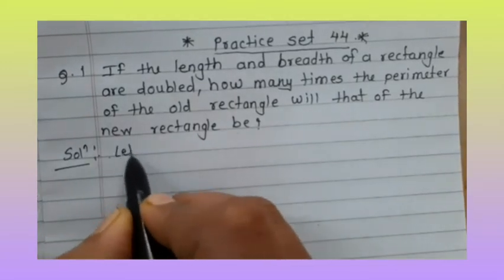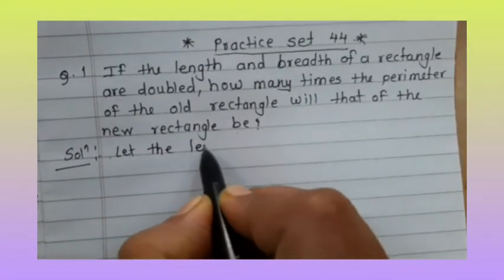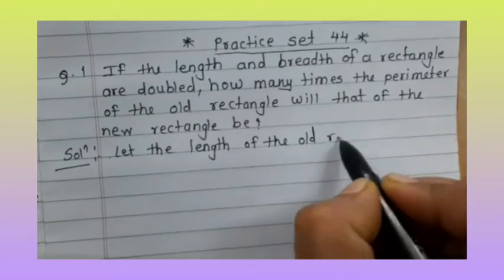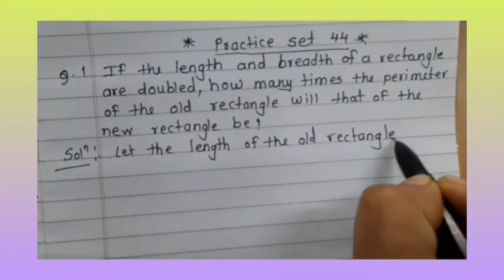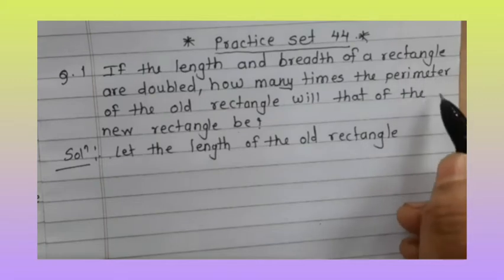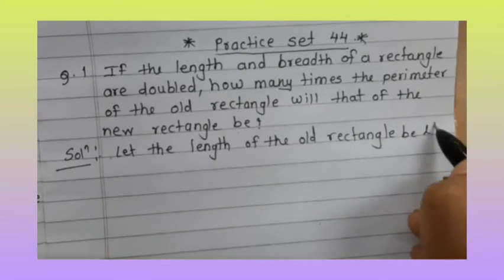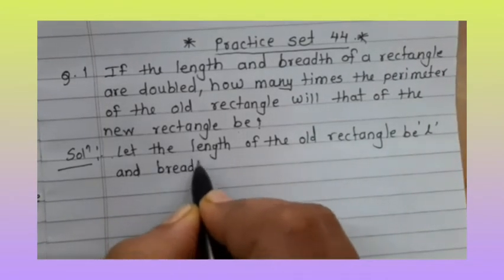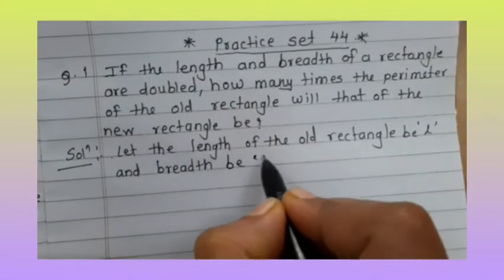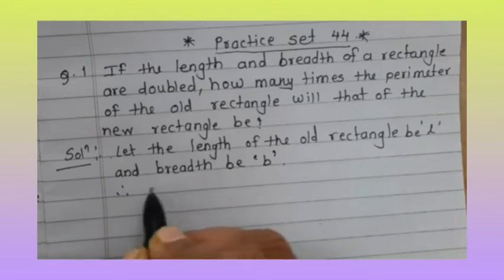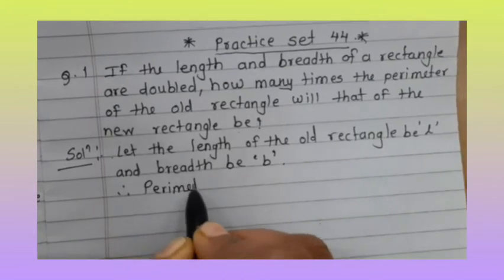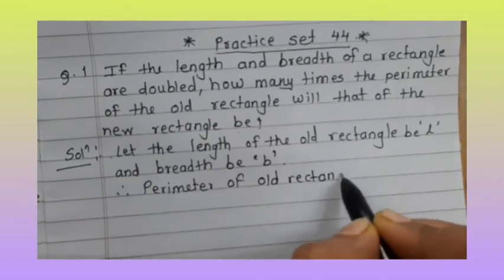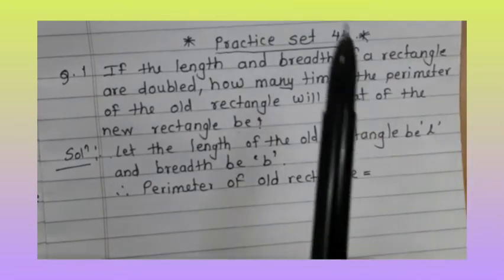Solution, let the length of the old rectangle be L and breadth be B. Therefore, perimeter of old rectangle is equal to, now what is the formula?